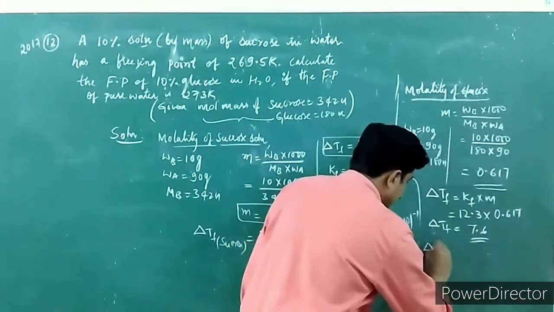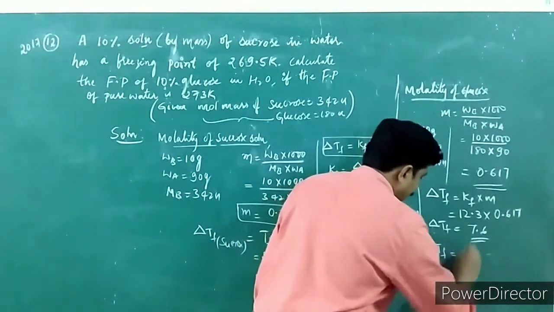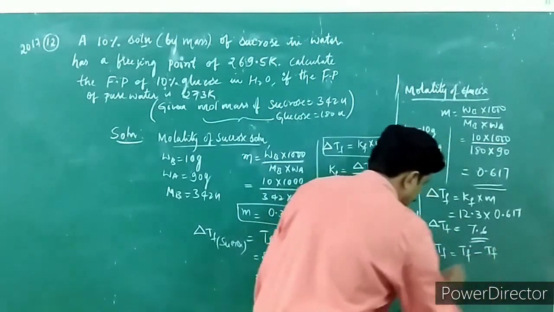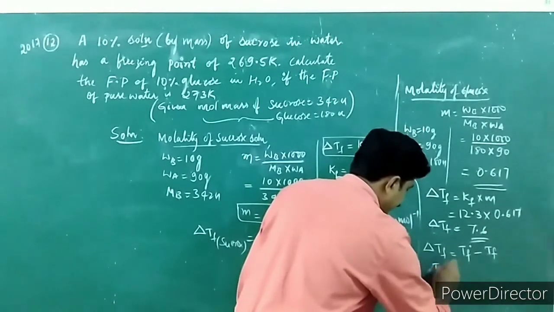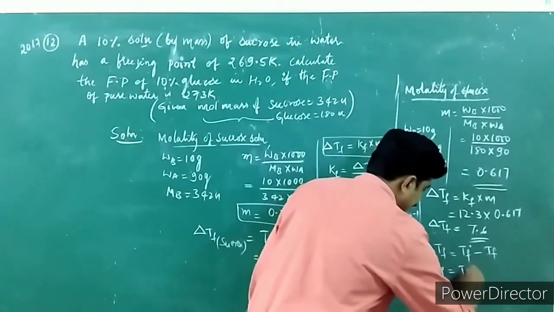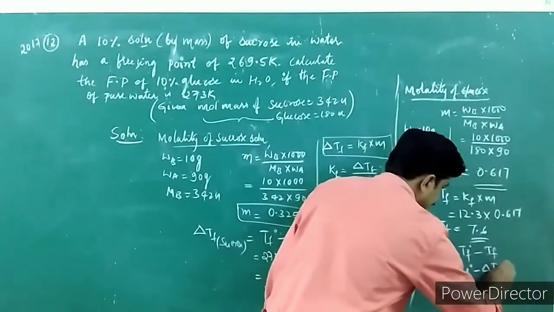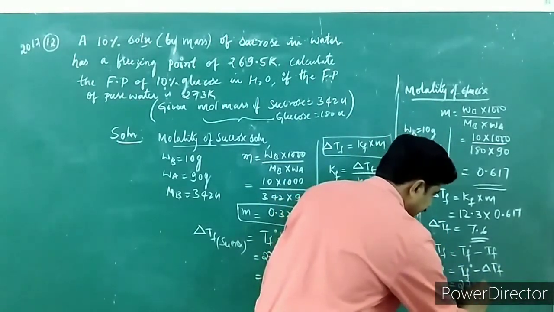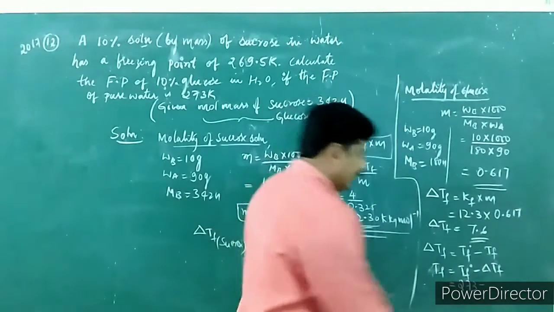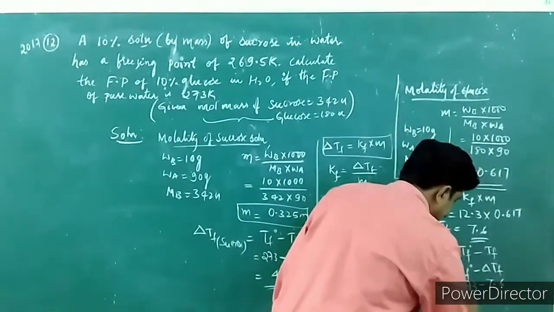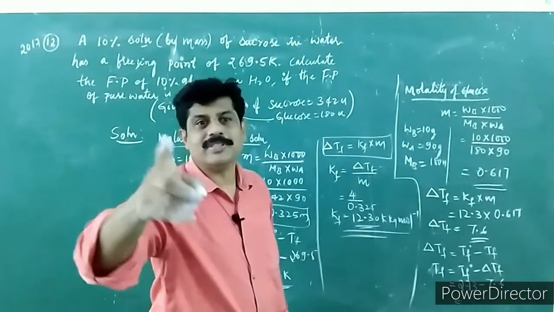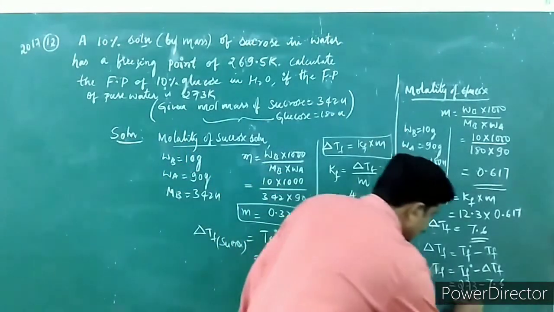Look at here, delta TF is equal to TF naught minus TF, or TF is equal to TF naught minus delta TF. TF naught, you know that how much? It is 273 Kelvin. What is the delta TF value? 7.6. Hope you're getting that. If you simplify this, you are going to get 265.5.